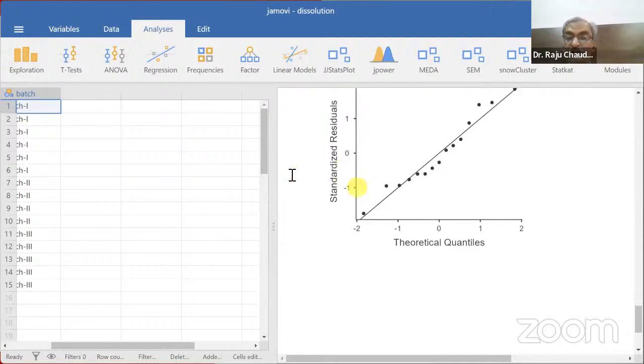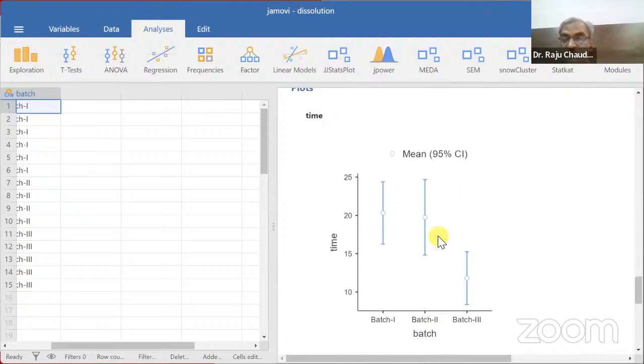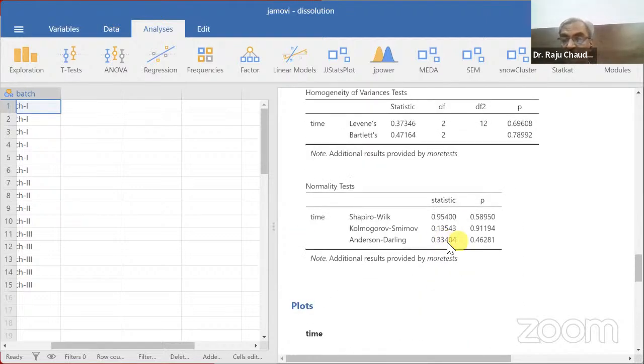In the Anderson-Darling test, the p-value is less? One minute, let me check. Anderson-Darling, it is okay. It is 0.46, which is not less than 5%. The reason is this Anderson-Darling test is not commonly used, and there are certain limitations.